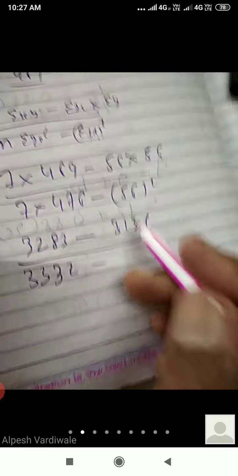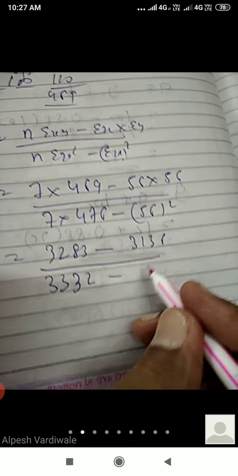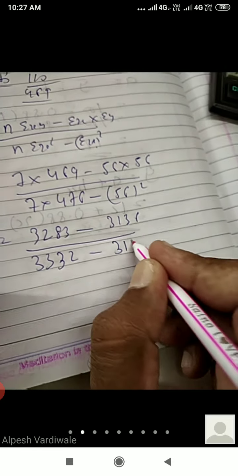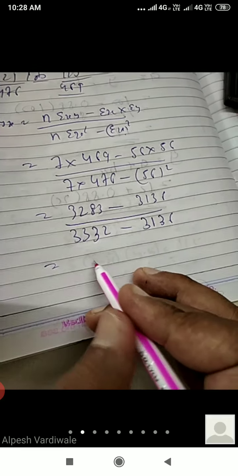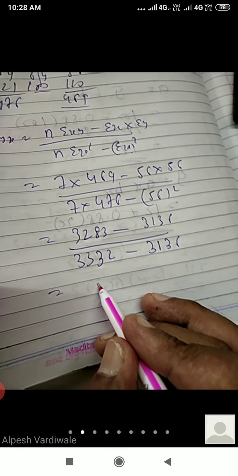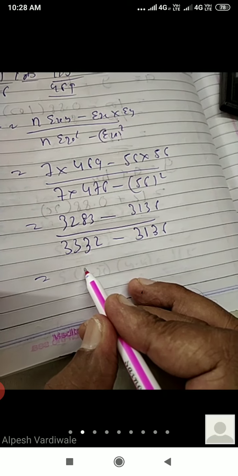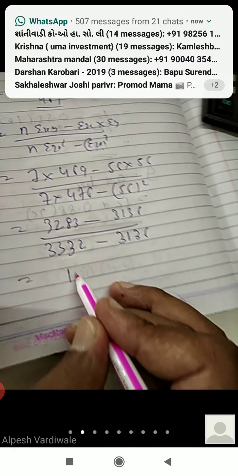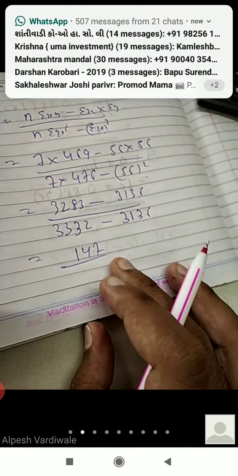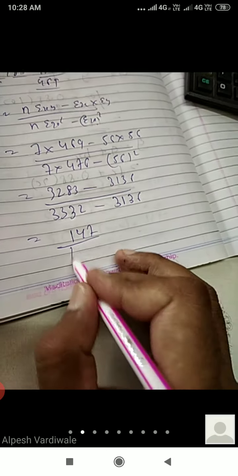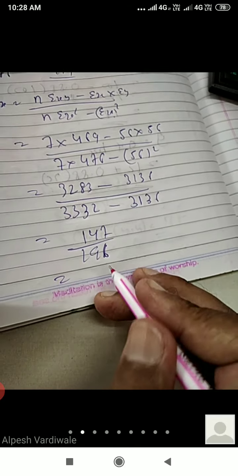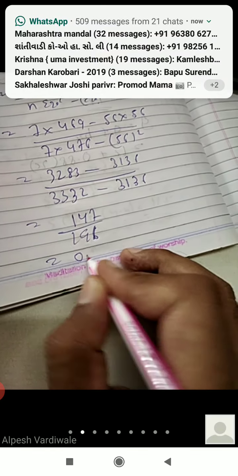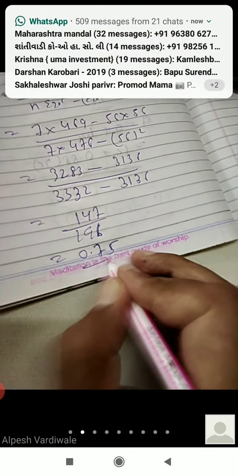Now 56 square is 3136. Now what is the minus here? How much? 147. Now 3332 minus 3136 is 196. Now divide the value: 0.75. So value of b that is 0.75.